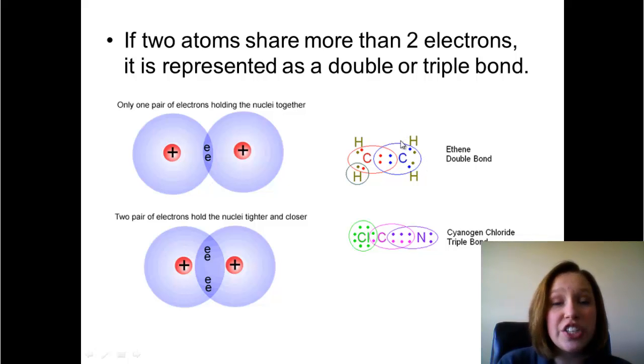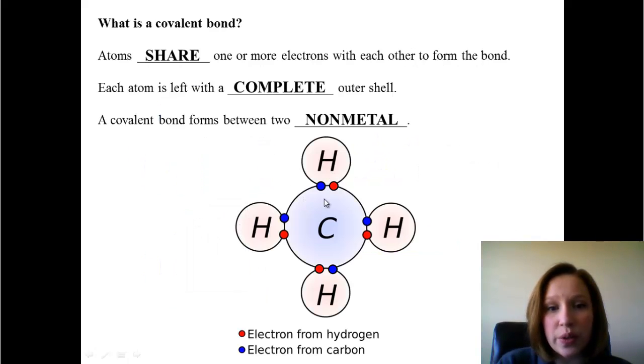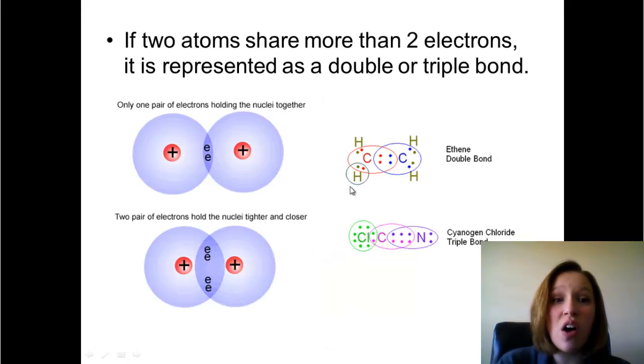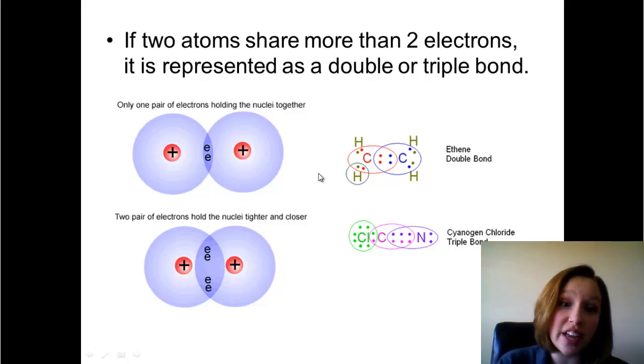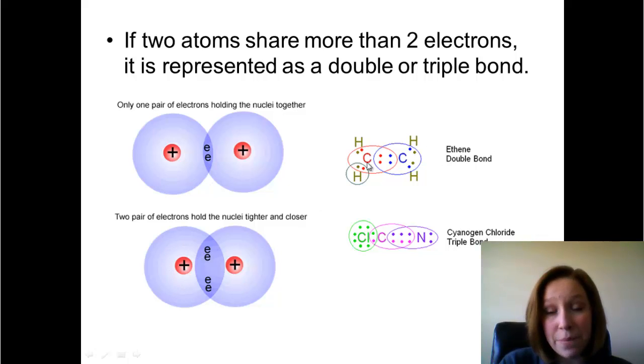So we also can share more than just those 2 electrons. In the previous slide, you saw that there are only 2 dots being shared between each of these atoms. And so that's 2 electrons, or 1 pair. We can also share more than just 2. Now, if we're sharing 4 electrons, we're sharing 2 pairs of electrons, which makes it a double bond, like in this picture and in this picture.